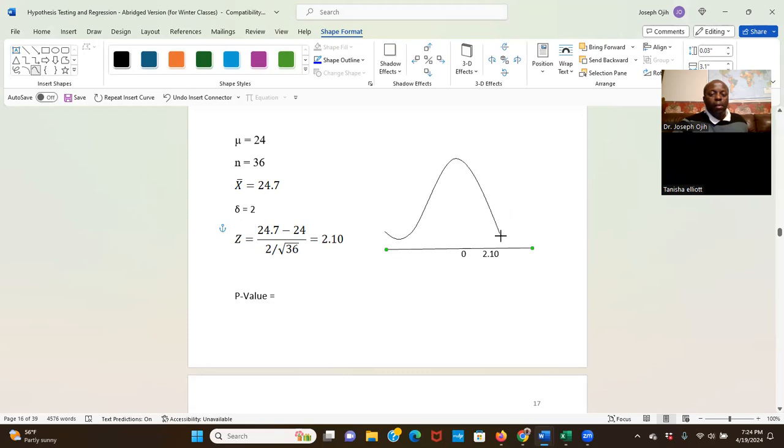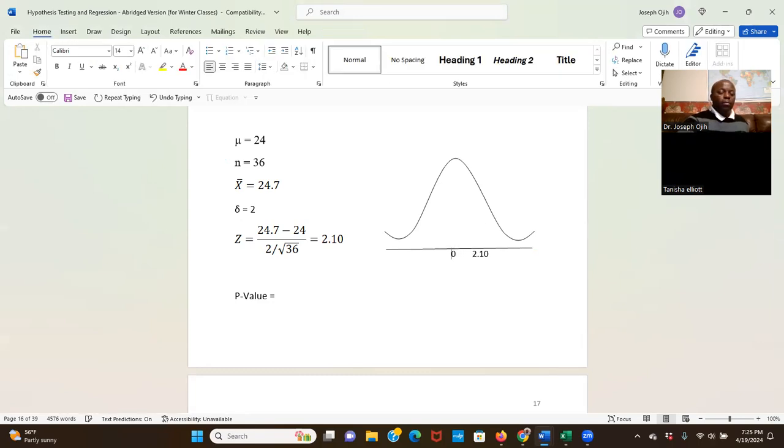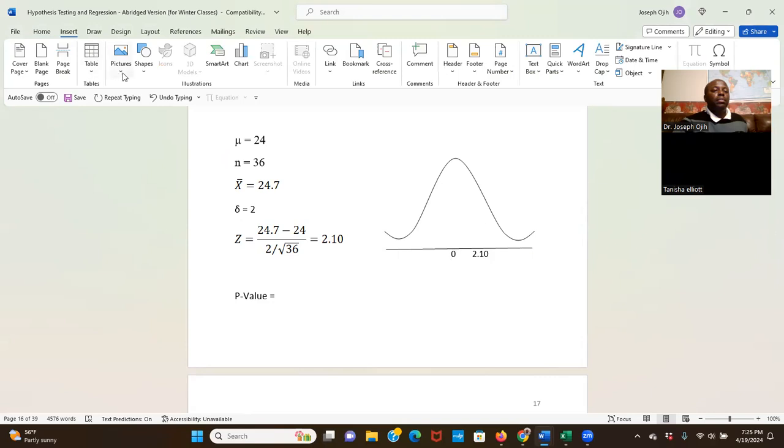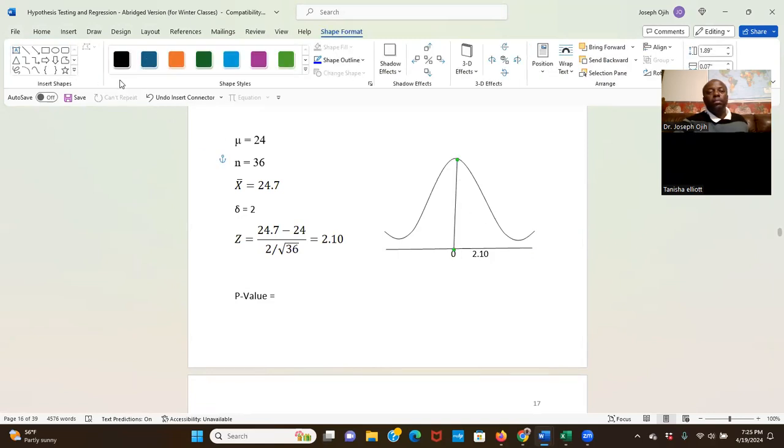Okay, then put the center line. The positive side, I'm going to put on the positive side. This is the tail, the rejection region, and you can just shade it. Shade it completely. All right, this is it.